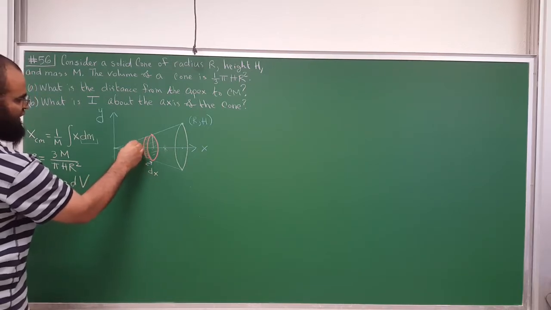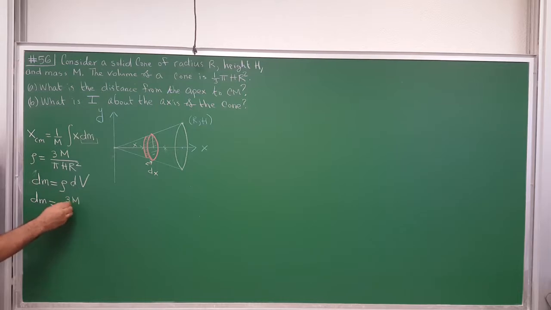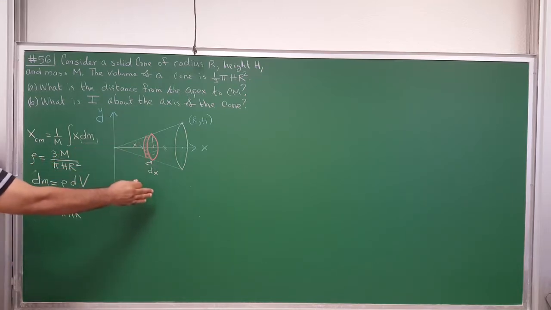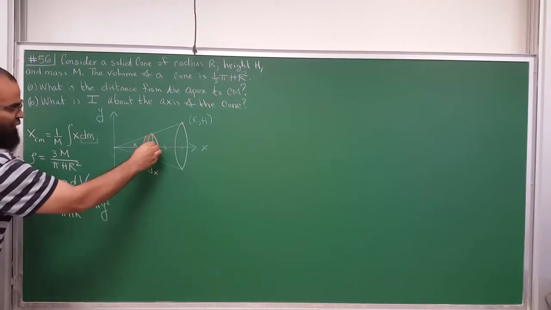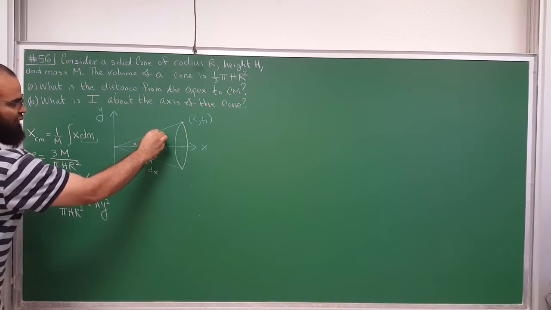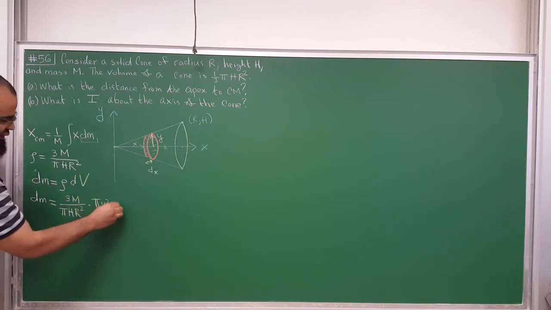So I get dm equal to the density, which is 3 capital M divided by pi h r squared, times dV. The volume will be the cross-sectional area, pi times y squared, and the thickness is dx.